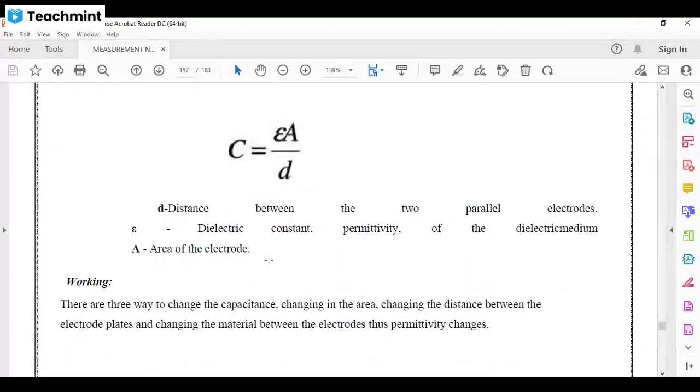So capacitance can change according to these three parameters: first epsilon, the dielectric constant, second A, the area of the electrode, and last D, the distance between two parallel electrodes.